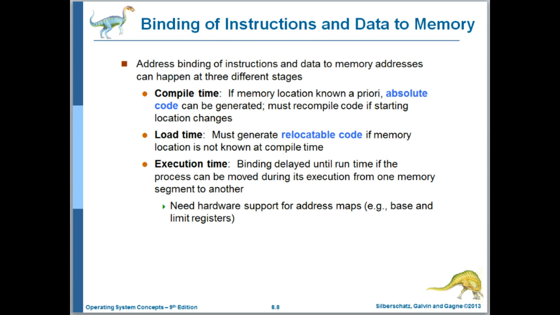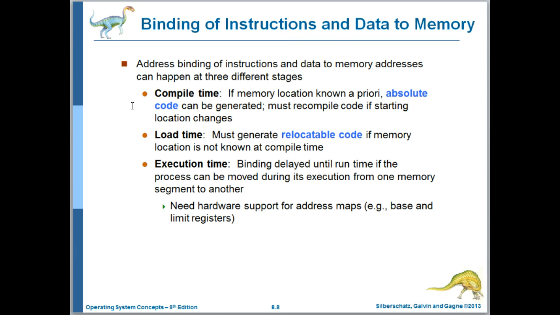So here's a summary. If the final binding is done at compile time, we're generating absolute code that cannot be moved. If the binding is done at load time, we have relocatable code, but once loaded, that program can't be moved in memory.